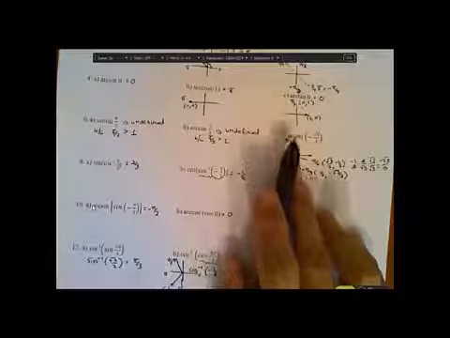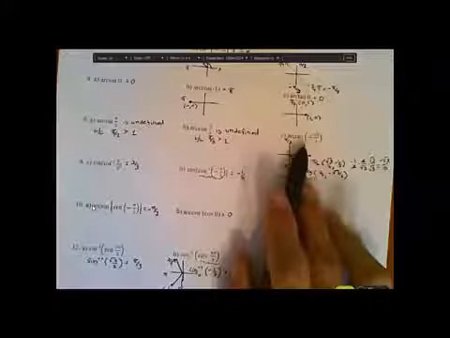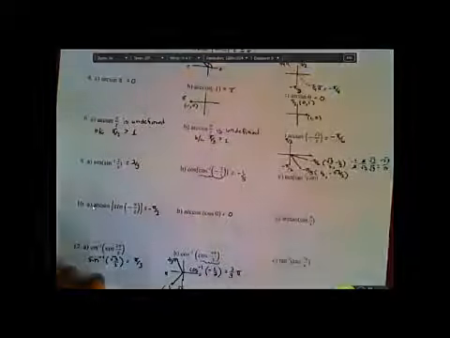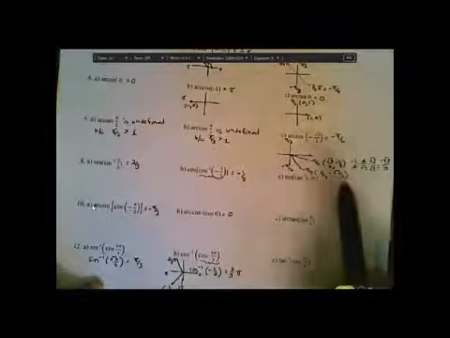The angle whose tangent is negative square root of 3 over 3 is negative pi over 6, because this y divided by that x gives me negative square root of 3 over 3.